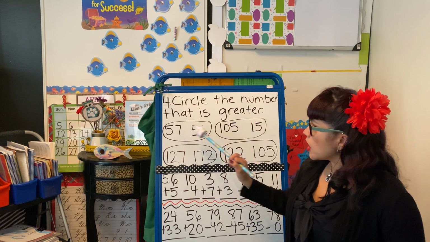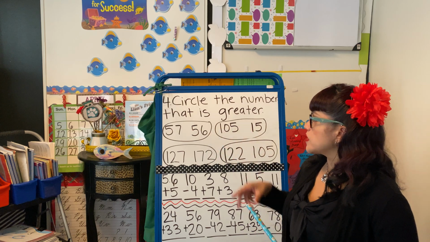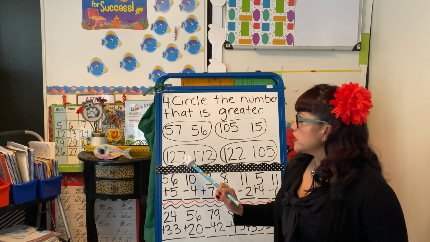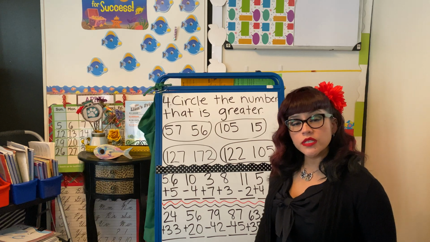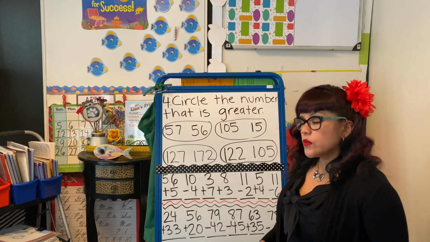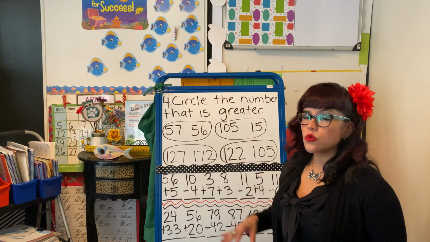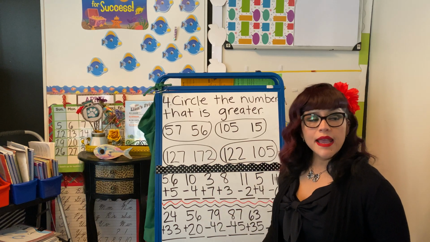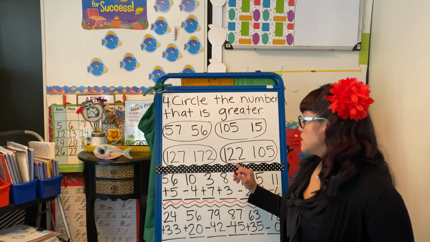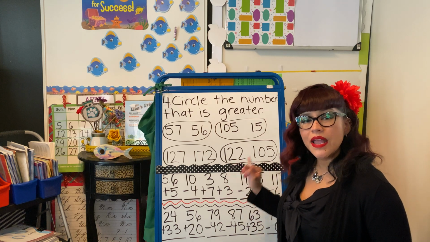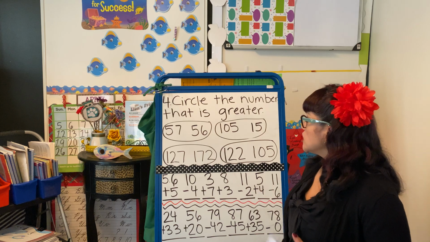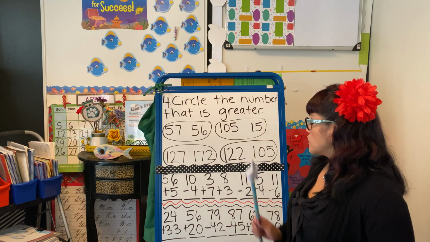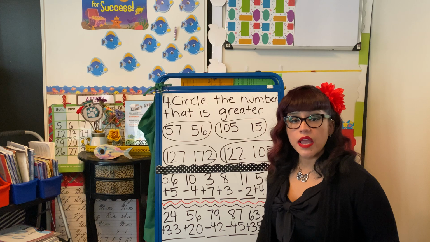Okay, you will need to copy these numbers down and circle the correct one. All right, 127 and 172. All right, we're comparing those numbers. Circle the greatest number out of the 2. All right, and the last answer, class, we have 122 and 105. Go ahead and compare and circle your greatest number out of the 2.